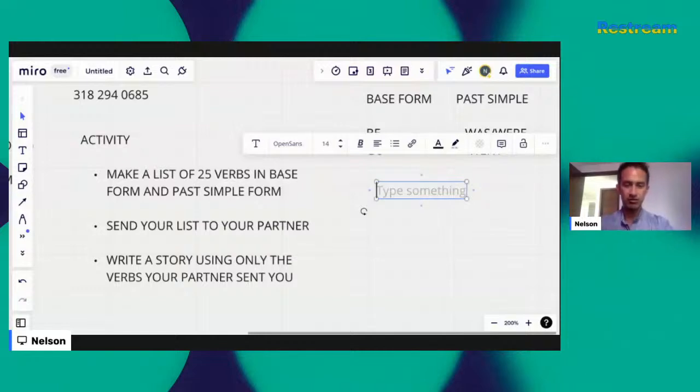Let's do an example with the two verbs that I have. So I can start my story and say, Sunday was a beautiful day. Yes, there you have, I now have the verb to be.